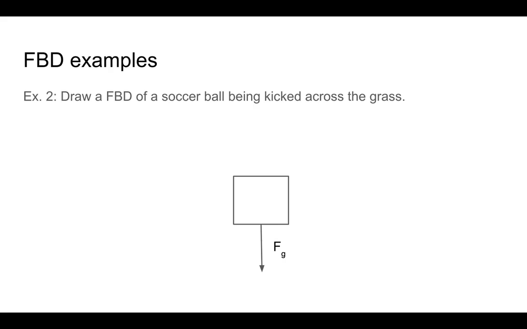Now that soccer ball is on the grass, so the grass is providing an upward supportive force that we call the normal force. And then the soccer ball is being kicked. So I'll say that it's being kicked to the right. So I'm going to direct a force to the right. And then when we have a force that is applied like this, we call that the applied force. I like to label that F sub A.